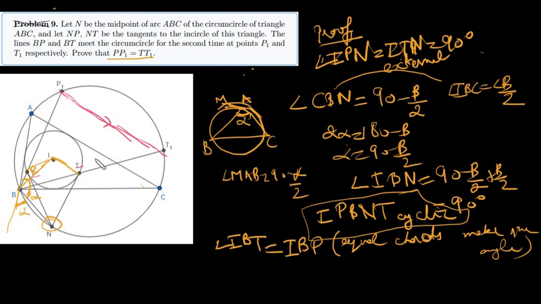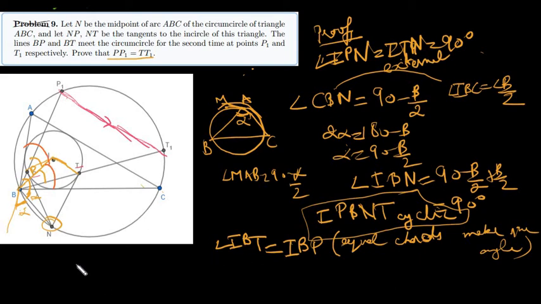And so because of this, we know that this angle is equal to this angle. But let me choose another color. So we know that these two orange angles are equal, but we also know that these two red angles are equal.